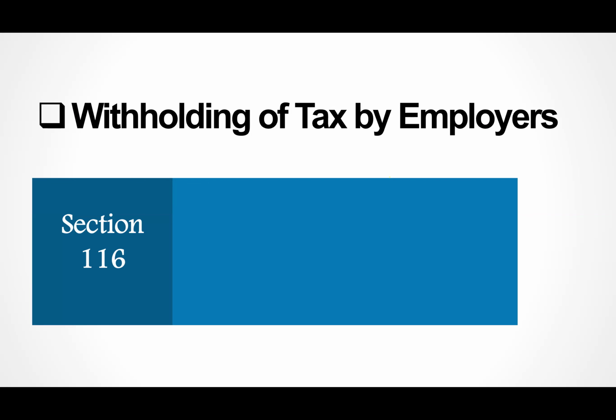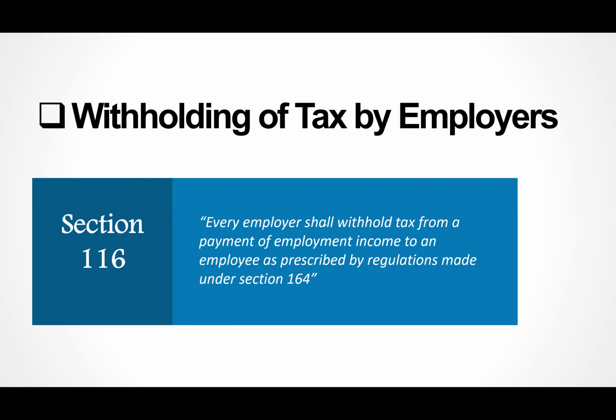They have to ensure that they deduct. And according to Section 116 of the Income Tax Act, every employer shall withhold tax from a payment of employment income to an employee as prescribed by the regulations made under Section 164.